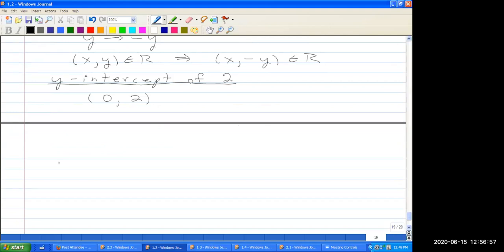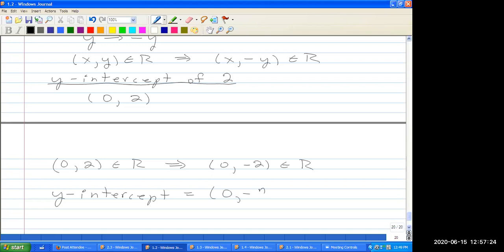So if (0, 2) is in the relation, then by this, I have that (0, -2) is too. So therefore, I've shown that another y-intercept is (0, negative 2). And so I've found the other y-intercept. Any questions about that?